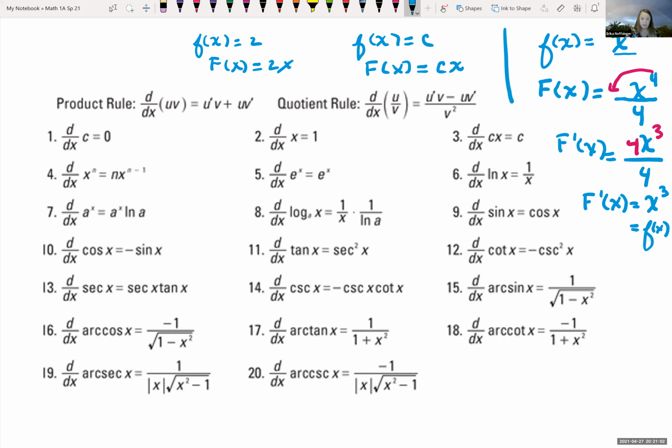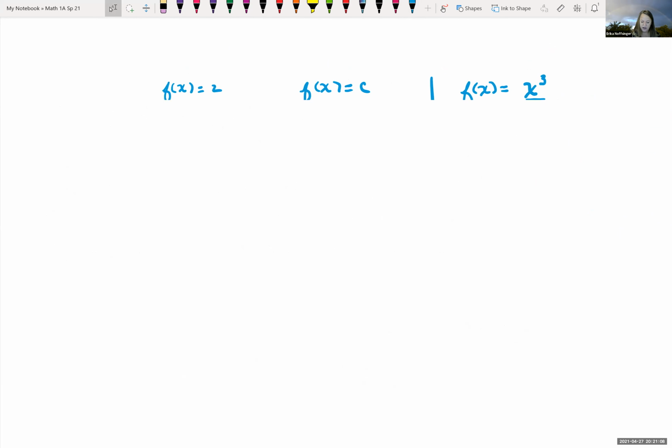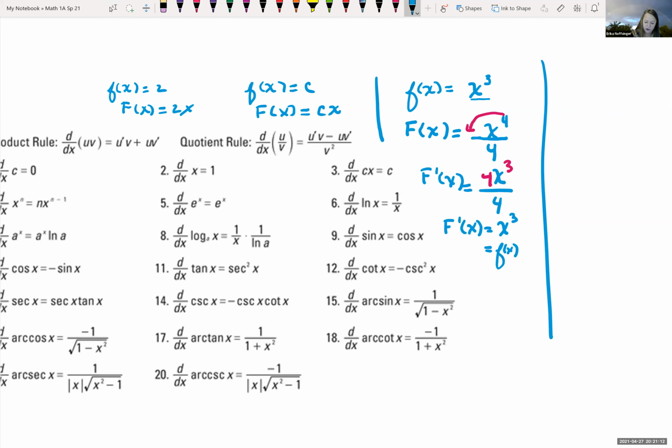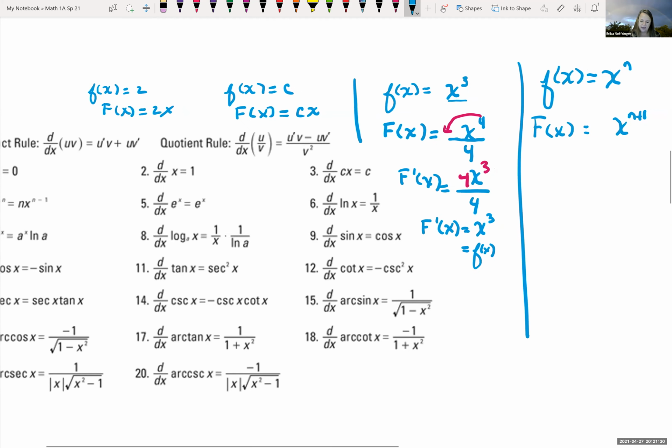Thinking about it again, to get one exponent lower, we have to add one to our exponent. So let's say f of x is equal to x raised to the nth power. The antiderivative, to get one less, we would have to add one to the original, so I would have n plus 1.